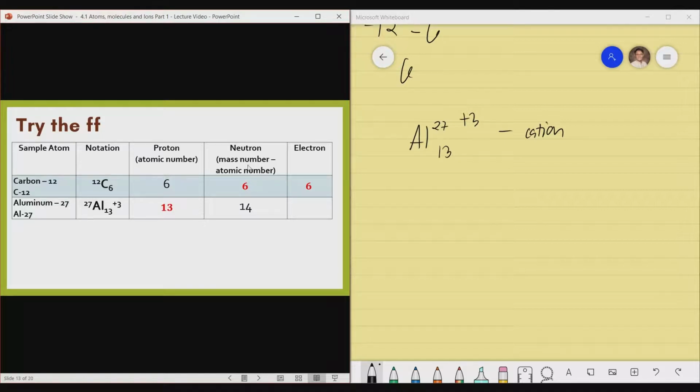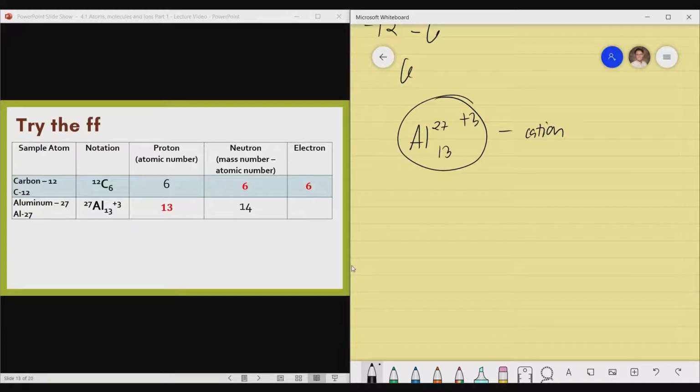Neutron number, nandyan na. Tama, 14. How about the electron? Ngayon, nakikita natin, hindi neutral. Okay? Hindi neutral yung ating atom. Kasi nga, di ba, by definition, kapag neutral, madali lang sana. Kung ilan si proton, yun din si electron. At dahil nga hindi neutral, it is positively charged, we make a count of the plus 3.